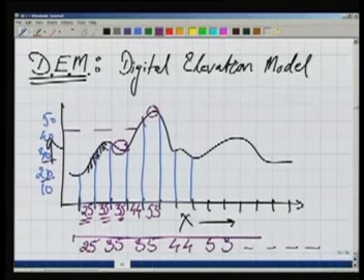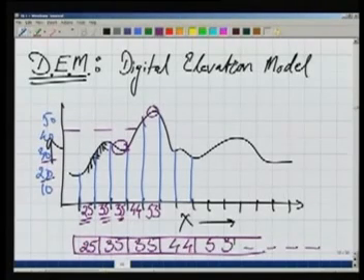So I can form a one-dimensional array here, or a grid. For each grid cell, its average height is stored. So the ground, which is continuous, we have represented with the average heights on a particular discretization.